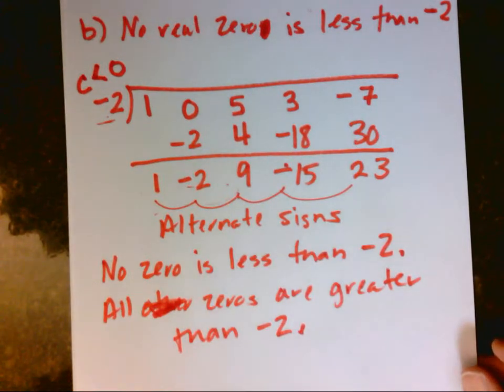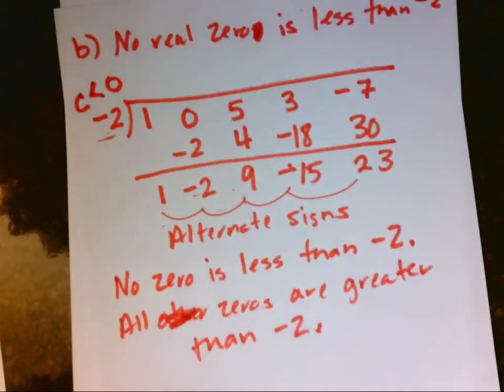Okay. Number 7. Am I going to work this one or what? Approximating the real zeros.